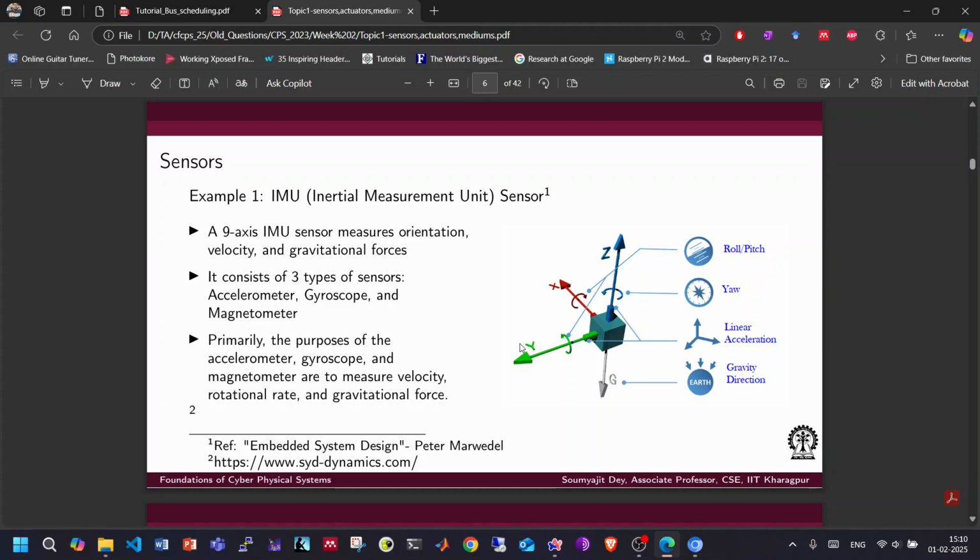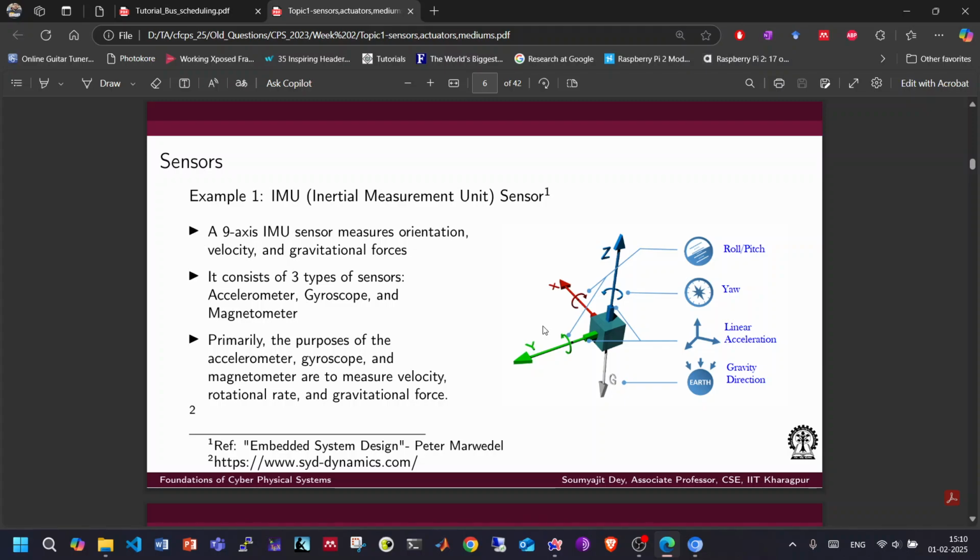Anyways, so IMU sensors, inertial measurement unit sensors. Basically, where do we see this? We see these in most of the systems nowadays, because all the automotives, all the vehicles that we are trying to make autonomous, we are using these sensors so that we can measure. What are the things that we try to measure? There is basically its position.